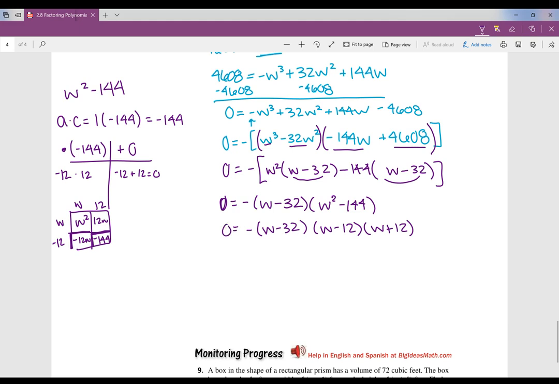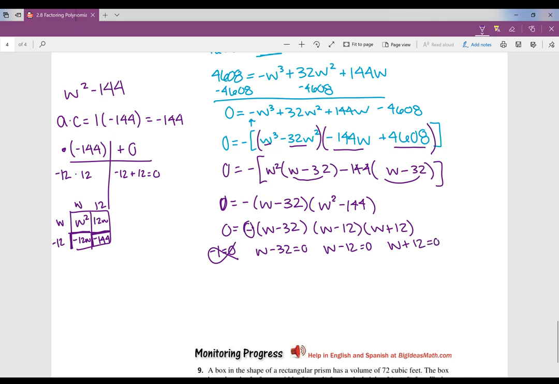Okay, so now we have equal to 0. So we need to set each term equal to 0. So our negative 1, right, that's our first term. Is negative ever going to equal 0? No. So we can just cancel that out. W minus 32 equals 0. W minus 12 equals 0. Or W plus 12 equals 0.